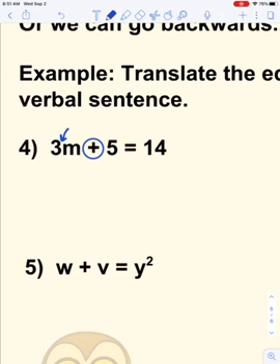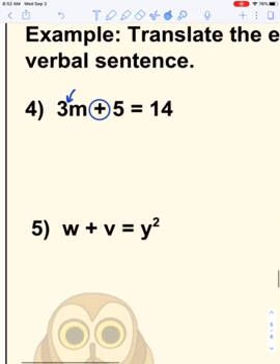You could say the product of 3 and m increased by 5 is 14. You could say 5 more than 3m is 14. All of these are fine, and they're not just strictly reading straight across 3m plus 5 equals 14. Okay, they all have a little bit more to them. So you need to write something, one of those. You need to write them down on your notes.